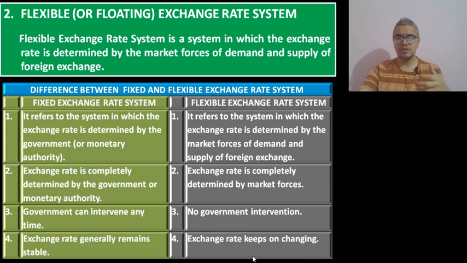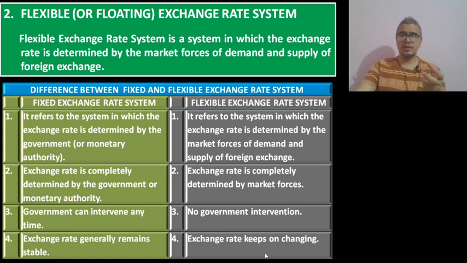It keeps on changing. Like in today's world, we see that within a day's time also, in the morning at 10 a.m. the exchange rate is different, and at 5 p.m. in the evening we see that the exchange rate is different. So the exchange rate is rapidly changing in case of the flexible exchange rate system.